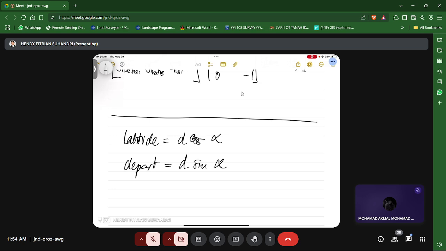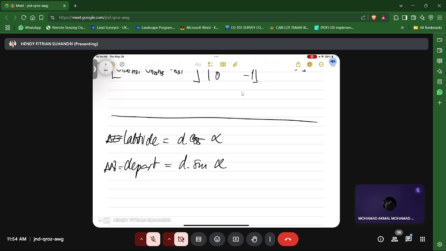Latitude ni apa? Ni delta N kan? Departure tu delta easting, delta E kan? Latitude delta northing, delta N. Ni delta E. Betul tak? Okay.